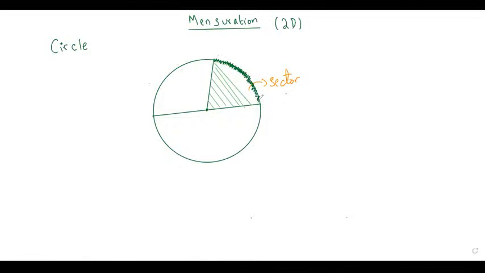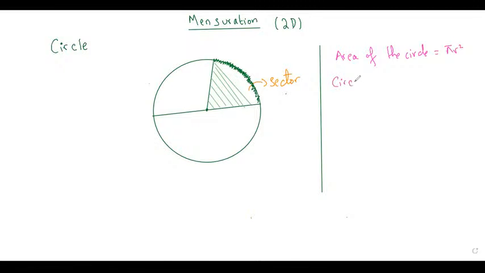So let's start defining everything. I'll be quick. I'll start writing down the formulas. Now, area of the circle. Let's talk about the circle first is pi r square, okay?